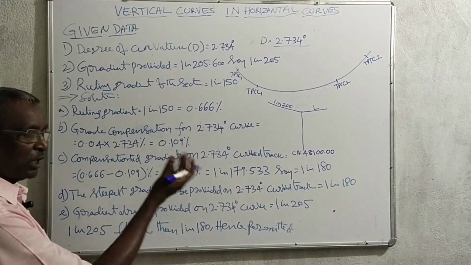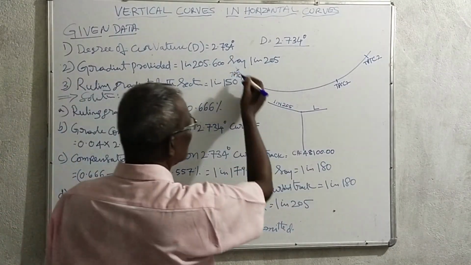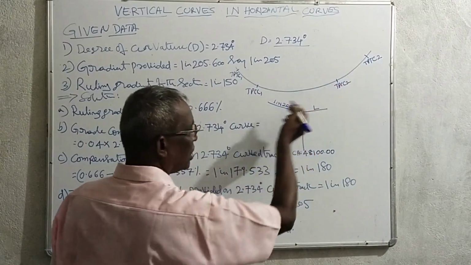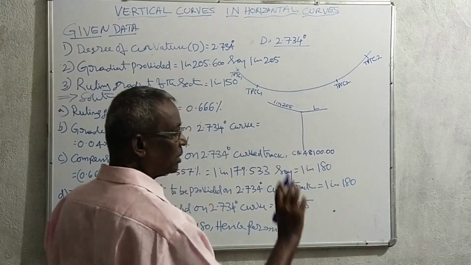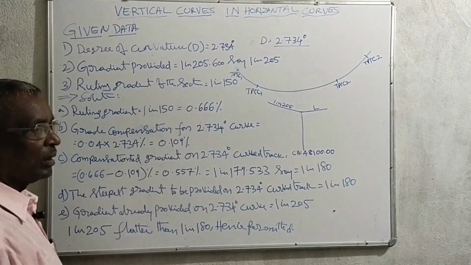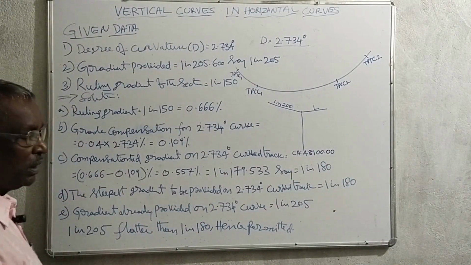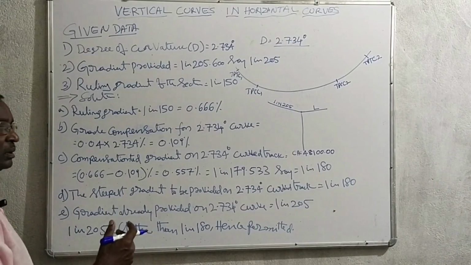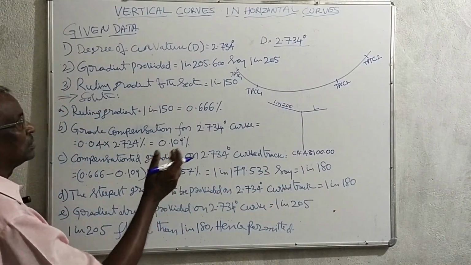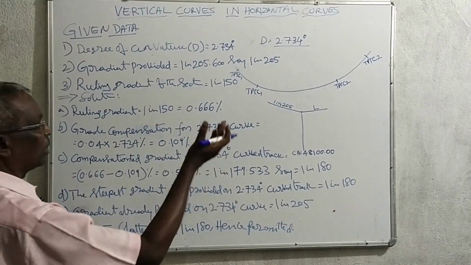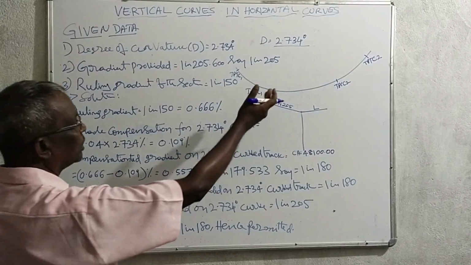As we already saw in the introductory note, while the train passes on the horizontal curve, it faces the vertical curve. There are adverse effects: reduced hauling power, then uplift of the track, and a chance of the track buckling. To avoid such cases, we provide grade compensation for the particular curve.